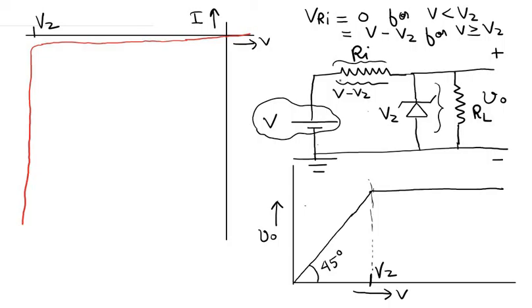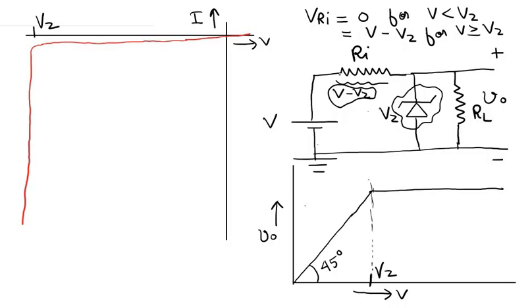If this resistor is not put here, if we remove this resistor Ri, then because there is no resistor to consume this extra voltage V minus Vz, the Zener diode would be forced to suffer a voltage drop of V across it.